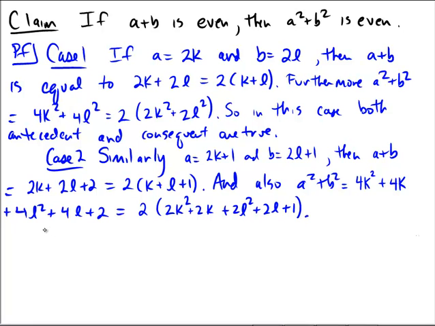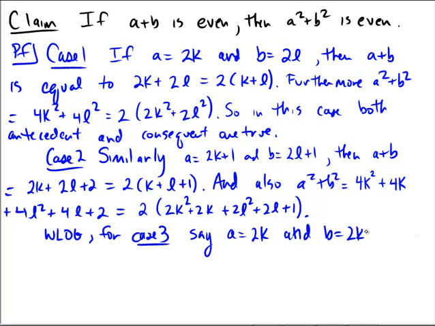Finally, without loss of generality, for case 3, say a equals 2k and b equals 2l plus 1.